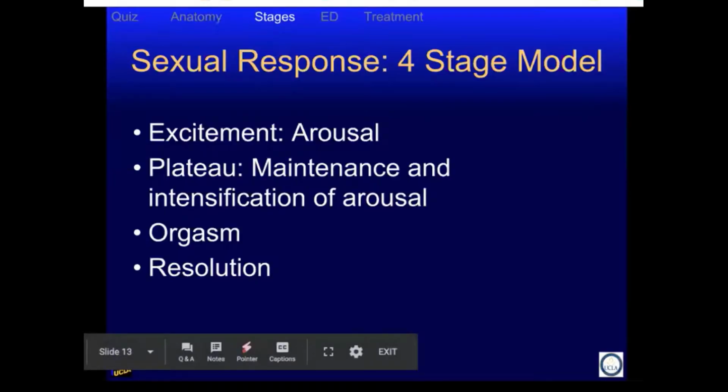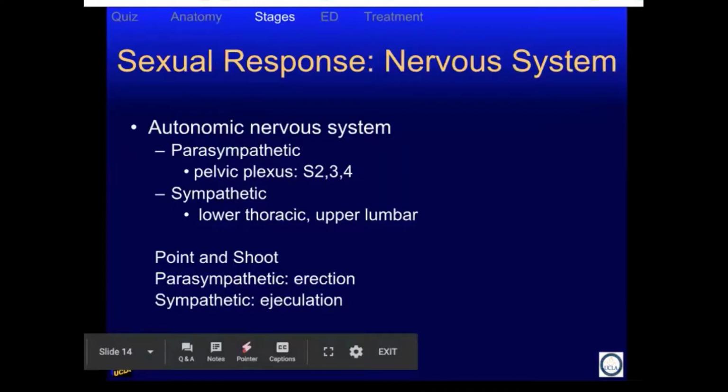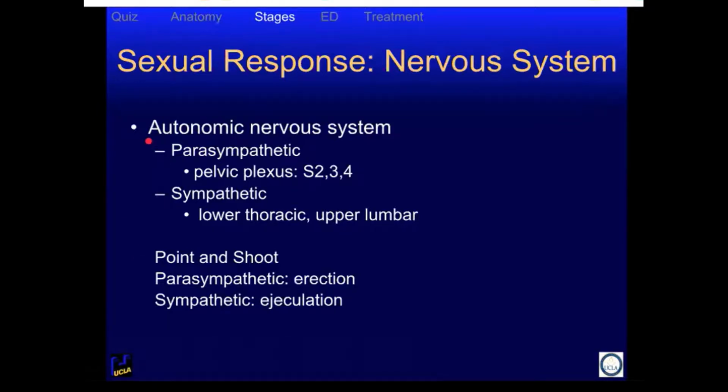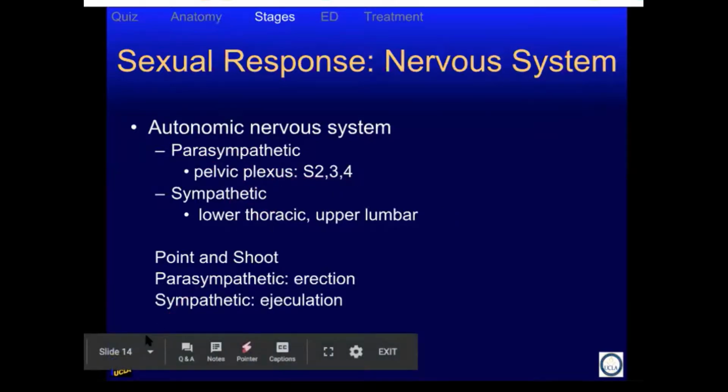There are 4 stages of the sexual response. First is the excitement, the plateau, orgasm, and then resolution. So we'll go through the different stages. The response is from the autonomic nervous system, parasympathetic plexus of S2 through S4, and then sympathetic, lower thoracic and upper lumbar.